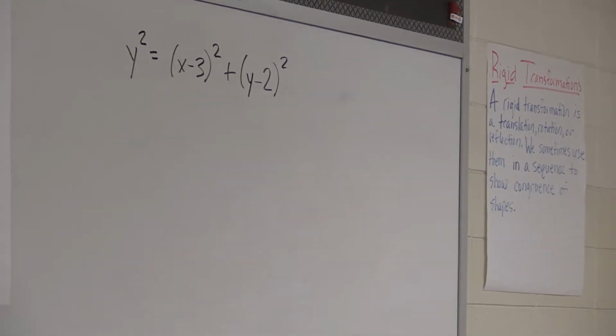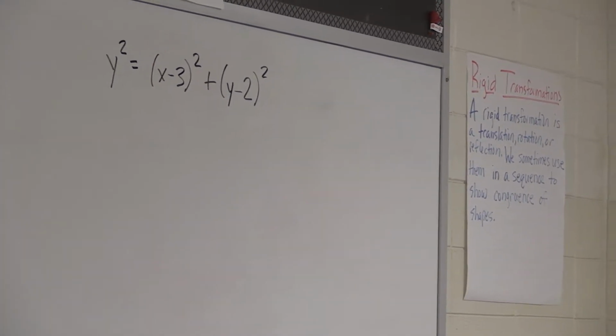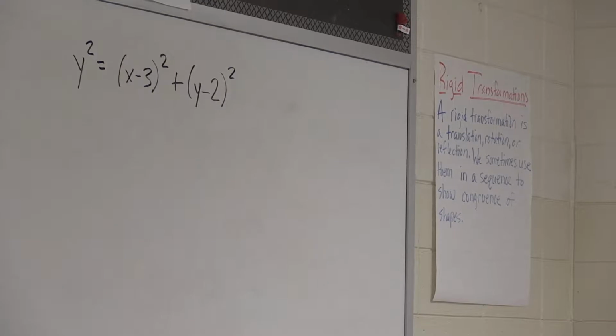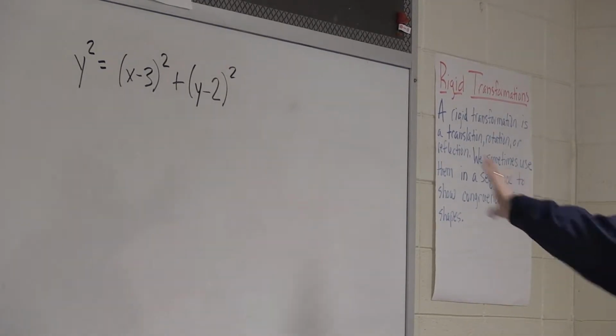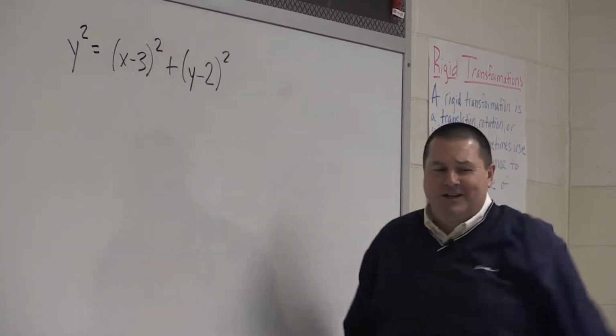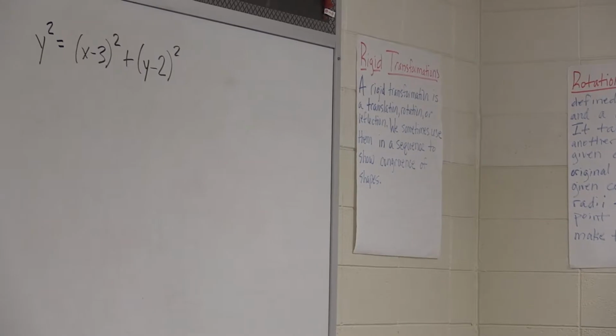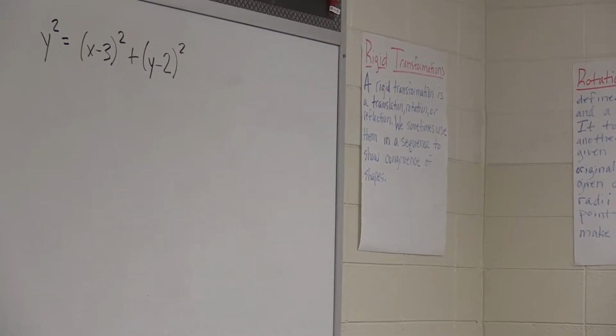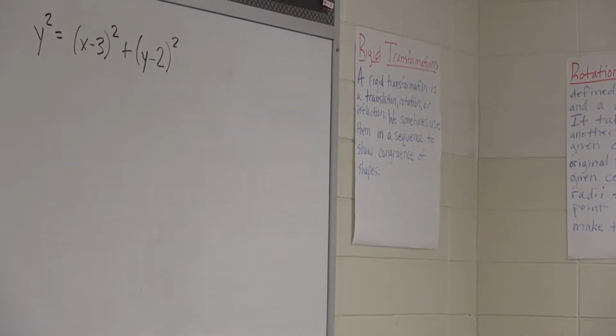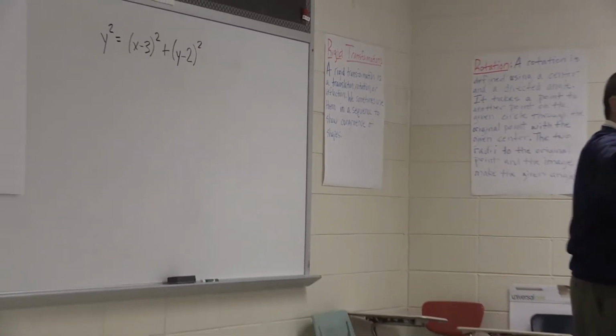Now we want to get this into vertex form. So y'all look back at that vertex form. Is there something that looks familiar in this equation and in that vertex form equation? The vertex form equation of a parabola that I showed you is on the third page of your handout.